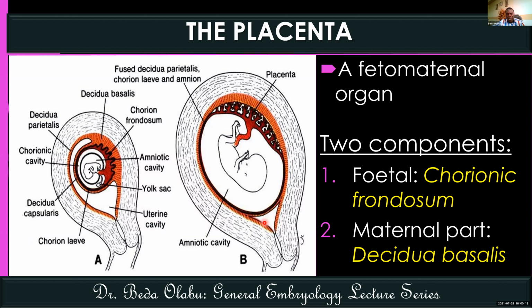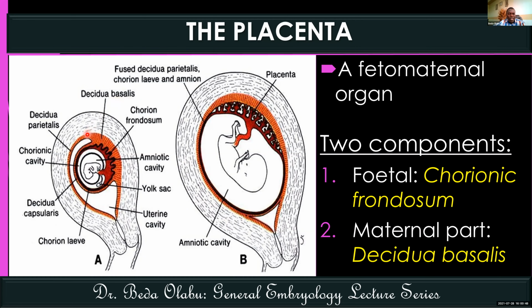In our earlier talk, I told you that decidua is basically the endometrium during pregnancy. So there are different terms given to the decidua. The decidua at the site of implantation is known as decidua basalis. And that's the one that contributes to formation of the placenta.